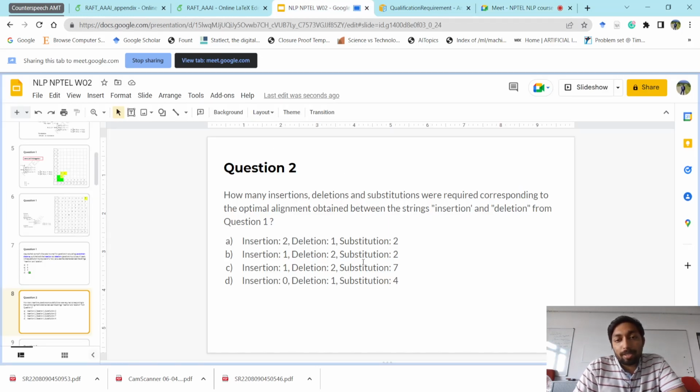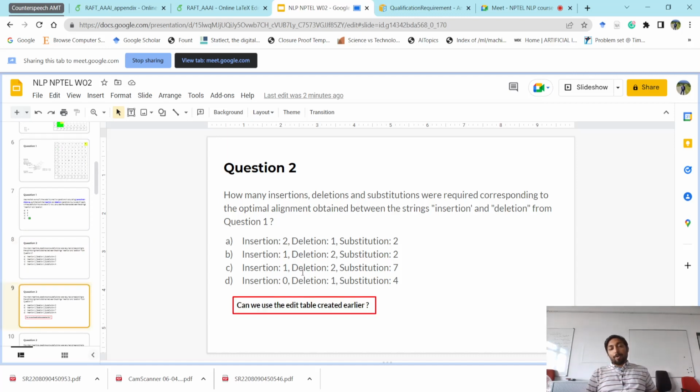Now the question is, what changes were required? We have found that 7 is the edit distance, but what changes are done to make that 7th edit distance?